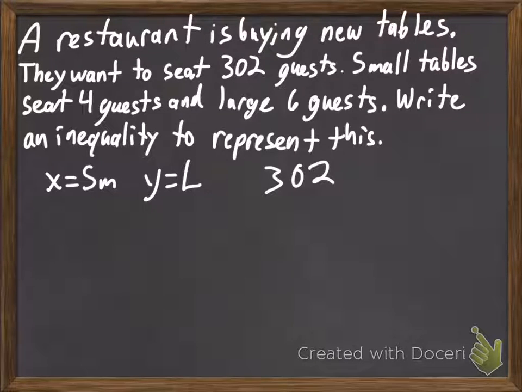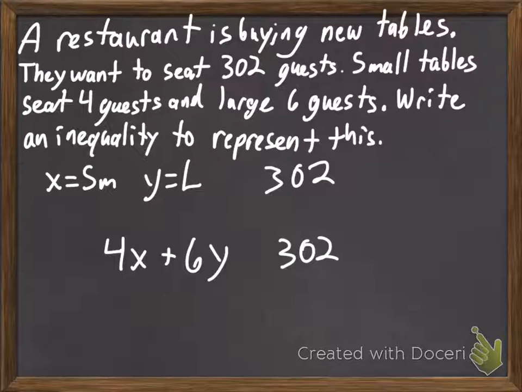So, we know that if we take so many of our small tables plus so many of our large tables, that's going to give us enough seats or more for our 302 guests. We want there to be at least 302 guests so we can make a profit in our restaurant here. So what represents our small tables in the paragraph? Looks like 4 guests. So we're going to take 4x plus our large table seats 6 guests.